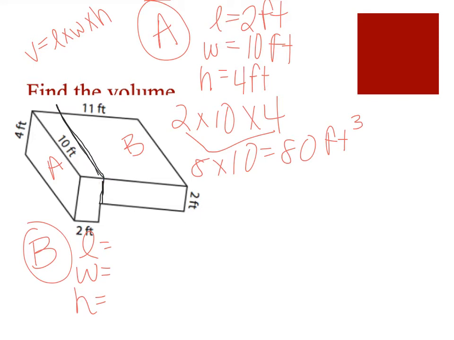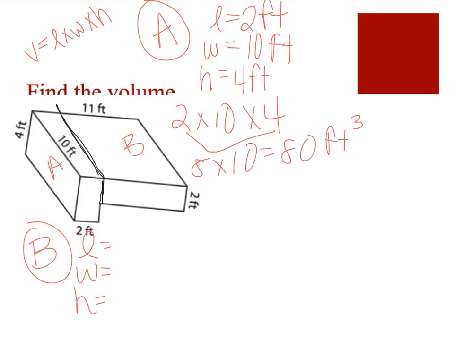Originally, before we split the 2 figures, we can see that this whole length right here was 11 feet. Well, since we cut it, we know that this length right here is not going to be a whole 11 feet. So we have to figure out how we are going to find just the length of figure B.